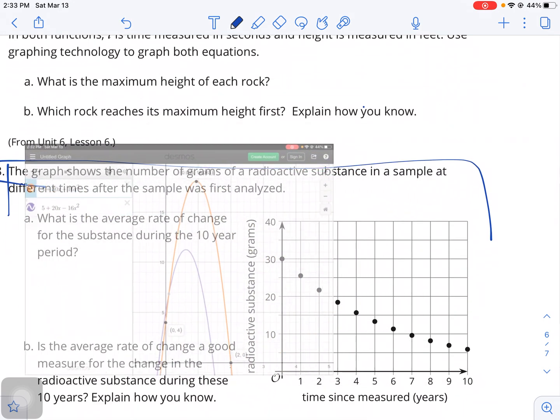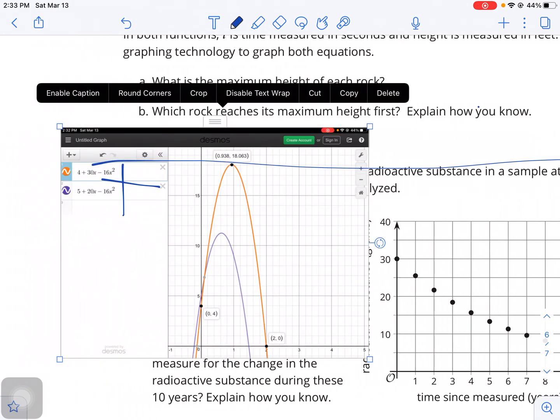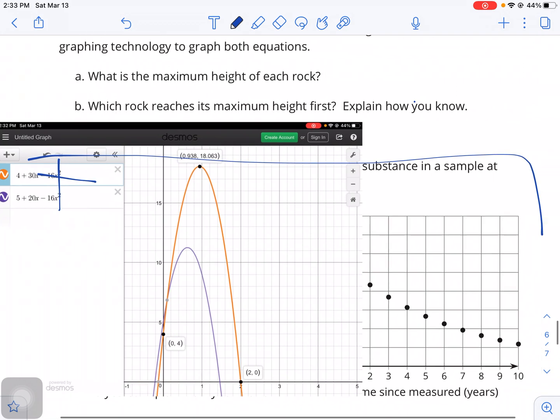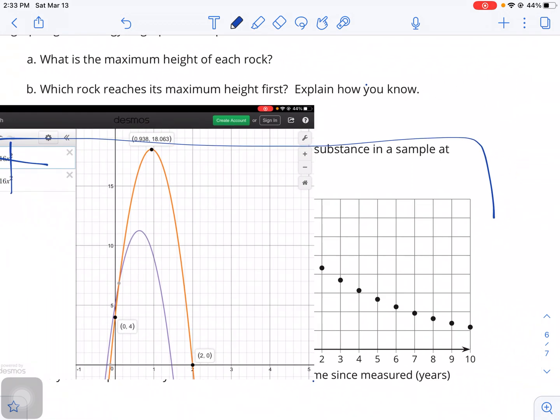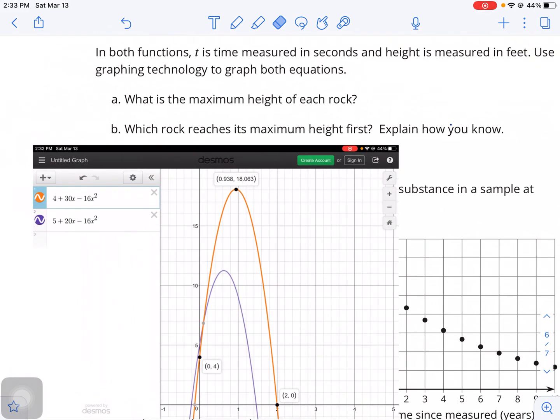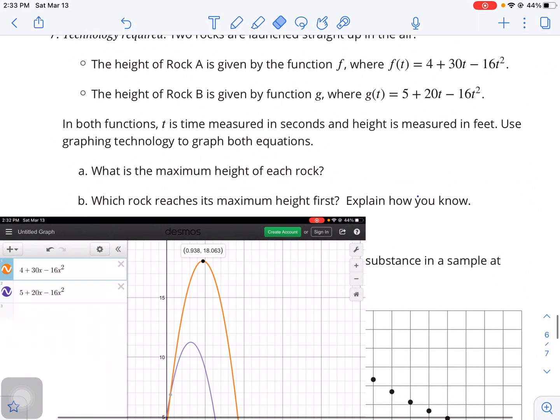I'll just cover up this other problem down here. Anyway, so let's take a look at this. What is the maximum height of each rock? The maximum height of the first one is 18.063, and which one is that?